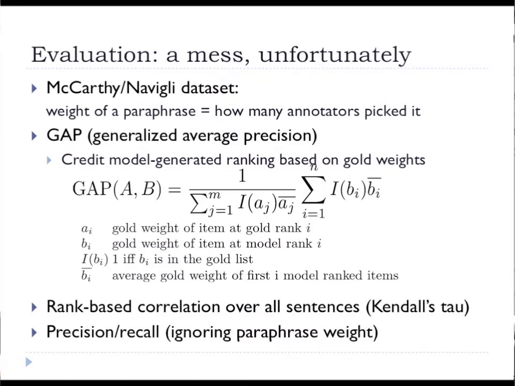So how well did the model predict how well the paraphrase catch would fit in sentence 5 versus how well the paraphrase offense would fit in sentence 27, which is an extremely hard evaluation, but also one where I'm not sure that really helps for applications, mainly rewarding cross-sentence uniformity. What we did, and what I would propose doing, is just to do precision and recall, ignoring the paraphrase weight, ignoring how many people picked a particular paraphrase, because that is relatively noisy anyway.